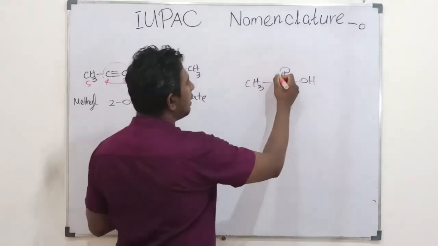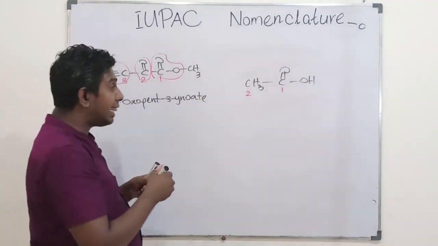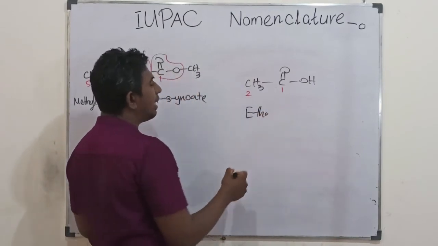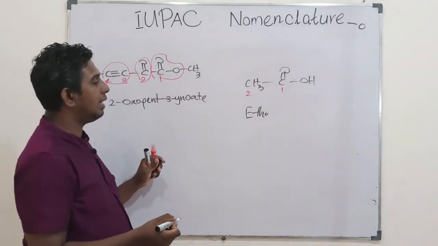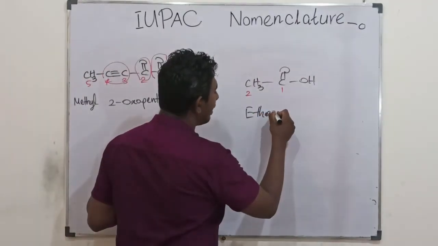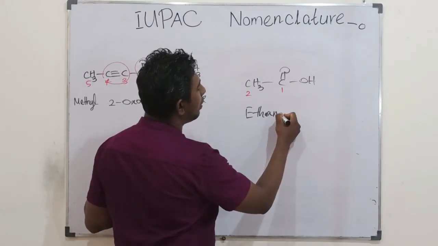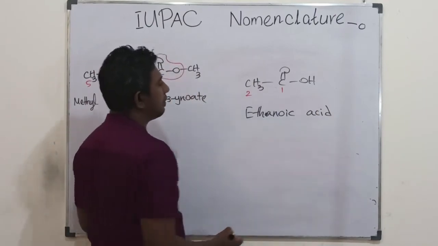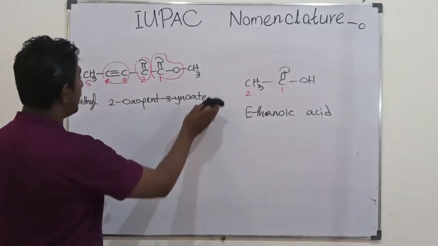This is the main functional group, 1, 2. You have 2 carbons. It's eth in Latin, 2 carbon. Out of alkane, alkene, alkyne, it's not an alkene as well as alkyne. So it is an alkane, ethane. You cut the vowel sound at the end. Then you add oic space acid, the suffix. It's ethanoic acid.